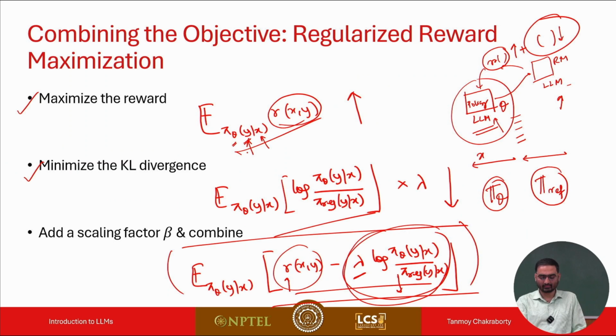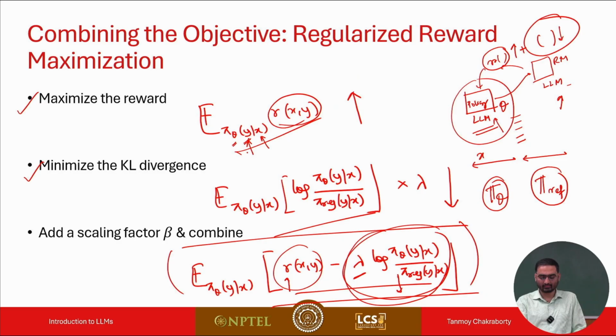And this second term is essentially the KL divergence between the updated policy model and the reference policy model, so pi theta and pi ref. The reference policy model is the one from which you started your reward maximization process.